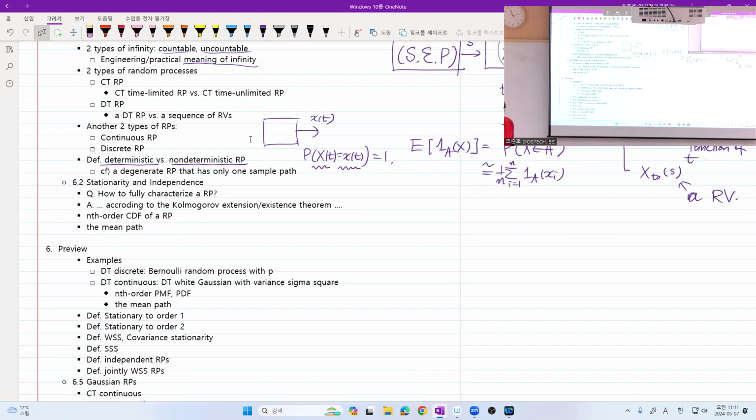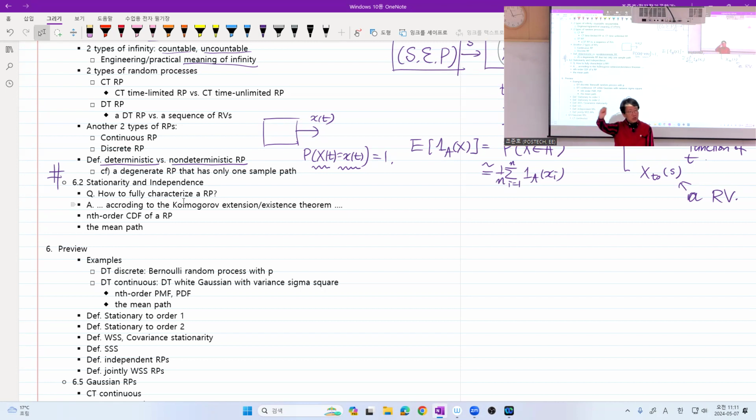Got it? And then we moved to the second section, where we started by asking ourselves how to fully characterize a random process. And there are 2 ways. The simplest one is to rely on our definition, the measure theoretic definition.